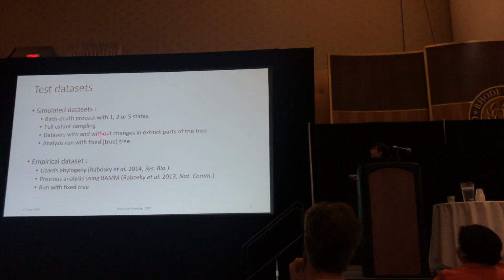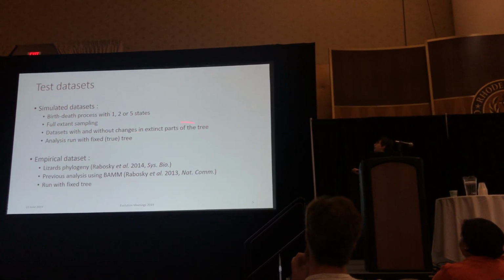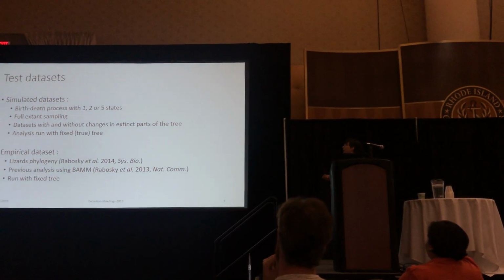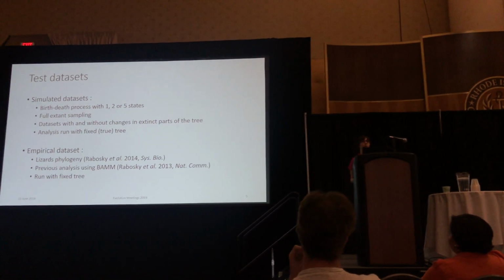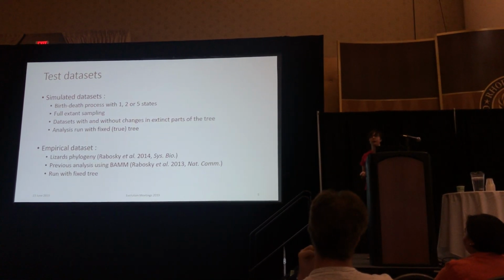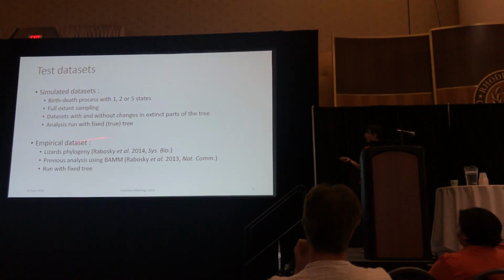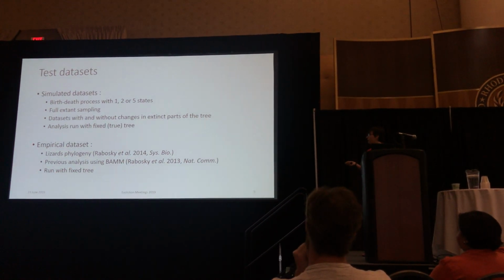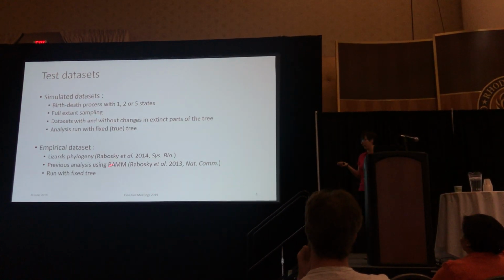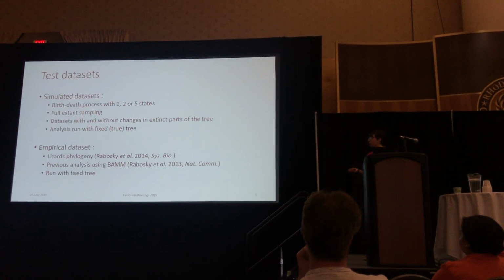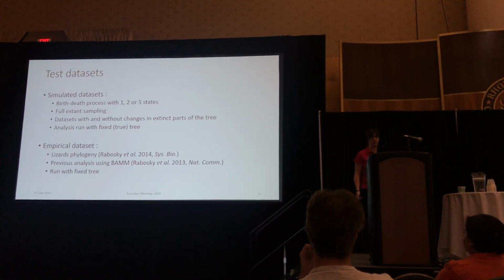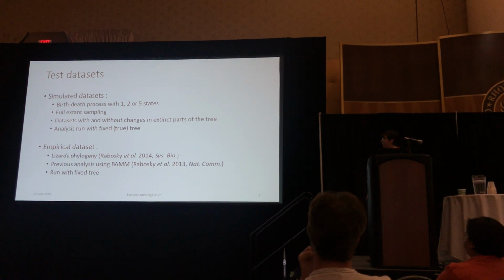We simulated datasets both with and without changes in the extinct parts of the tree, so we are testing both versions, and we run the analysis with the fixed true tree since we're trying to test our model and not the tree. The tree inference has not been modified in our implementation. And then we have an empirical dataset, a phylogeny that was previously analyzed using BAM. It's also run with a fixed tree simply because we want to be able to compare the results with what BAM got, and BAM is using fixed trees, at least in the current implementation.